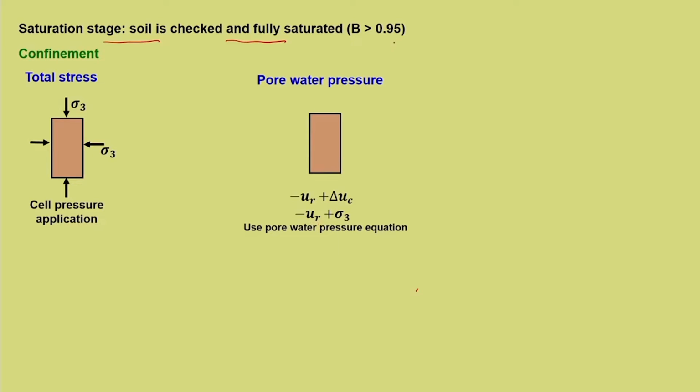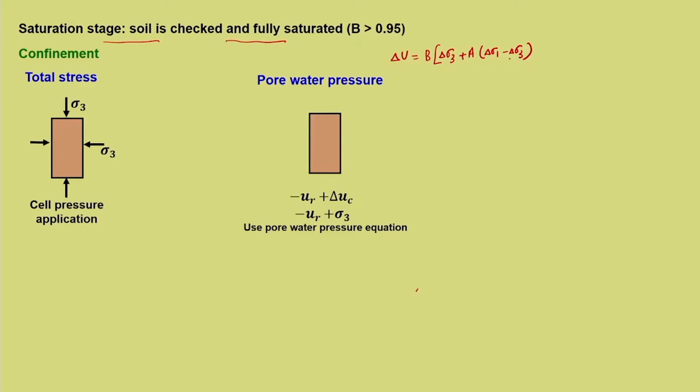What is the pore water pressure equation? That is delta U is equal to B into delta sigma 3 plus A into delta sigma 1 minus delta sigma 3. I am just writing this to make you understand how handy the pore water pressure equation is.